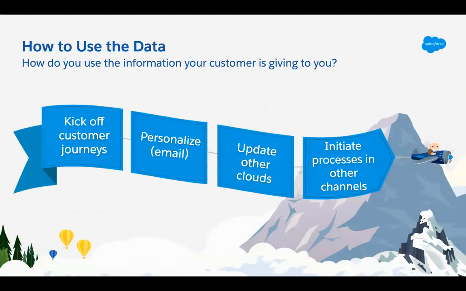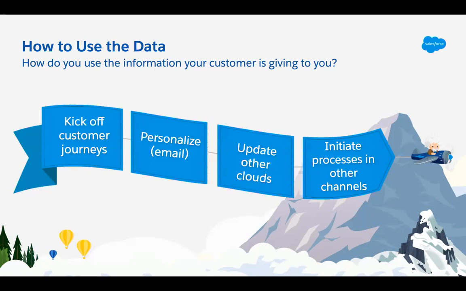So, kicking off customer journeys, personalizing email. And I put email in parentheses because you can really use this data to personalize any kind of campaign, whether it be SMS or websites. Once you have this data, you can use it as you would use any of your other data points. Updates to other clouds: I've mentioned Sales and Service Cloud initially, but are there questions that other parts of your business need answered, where you could collect this in email and push back to the platform that they're using?